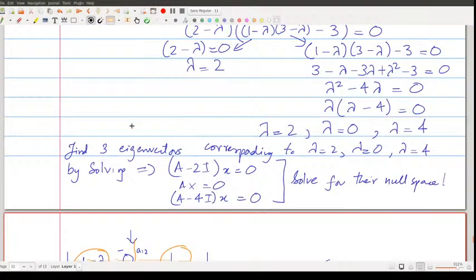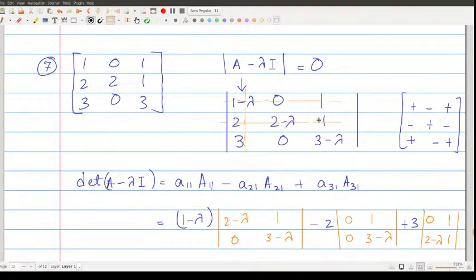So if you have a matrix such as this, then one way of computing the determinant is you go across the first column and then multiply every entry with its cofactor and then take into account the sign.